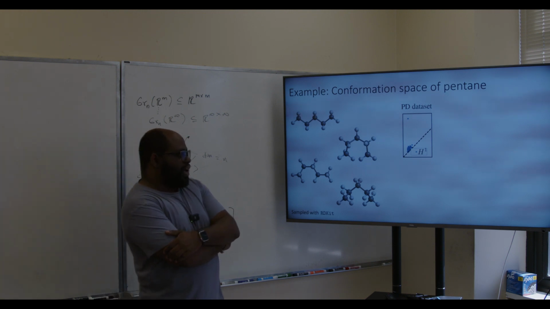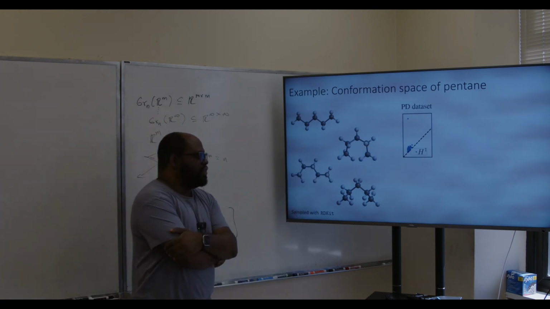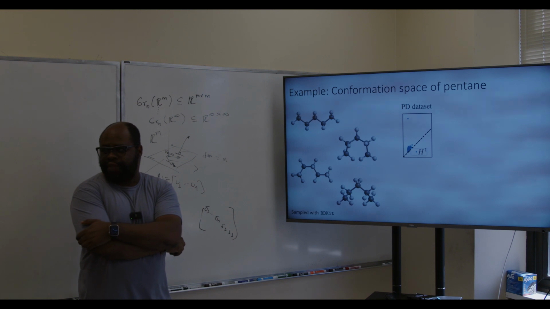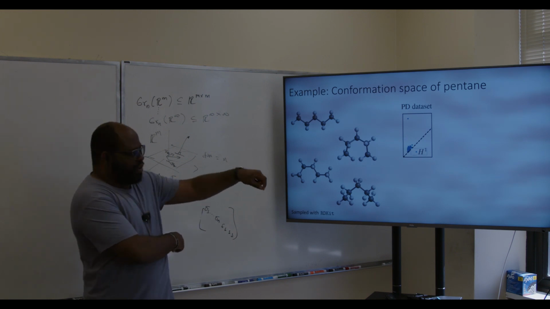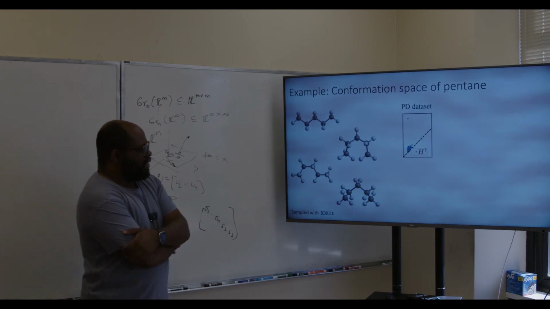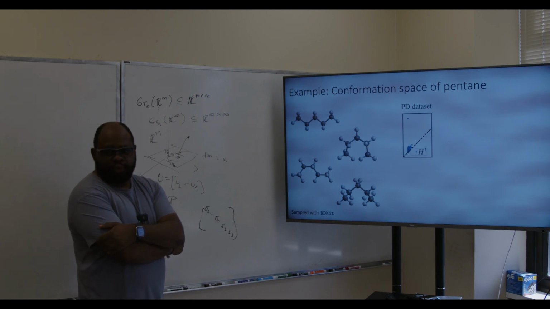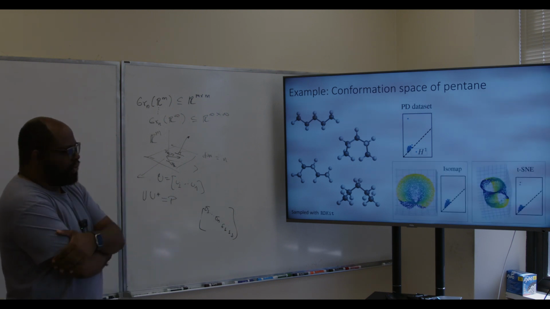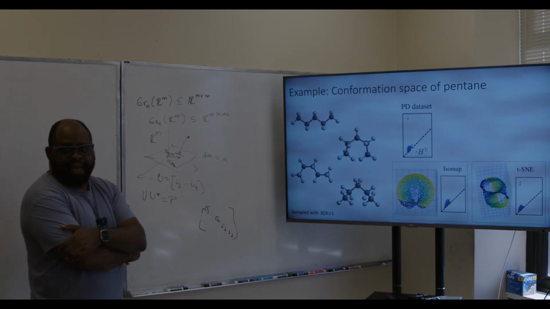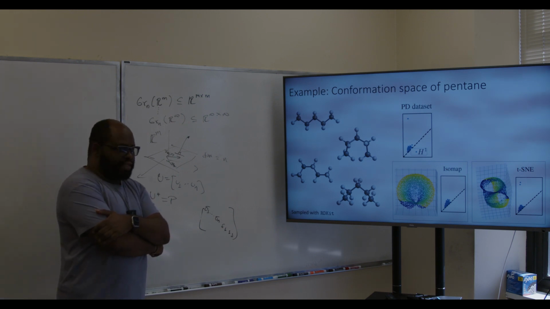Okay, so this is the persistence diagram in dimension 1 for that data set. So you see a very prominent loop in the conformation space for pentane. Here are the results of well-known dimensionality reduction methods applied to this data set.